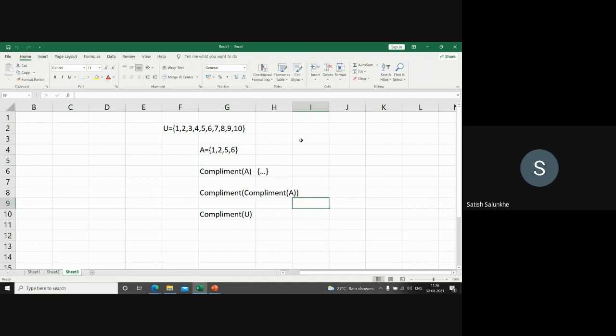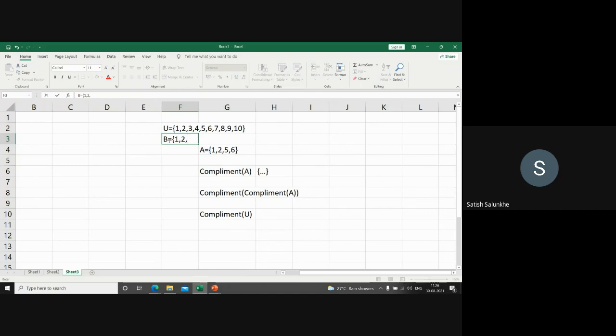So what is set difference? For example, let us say set B is equal to, let us assume some elements. Of course, whatever set we are taking the complement in context to, that set needs to be also a subset of the universal set.